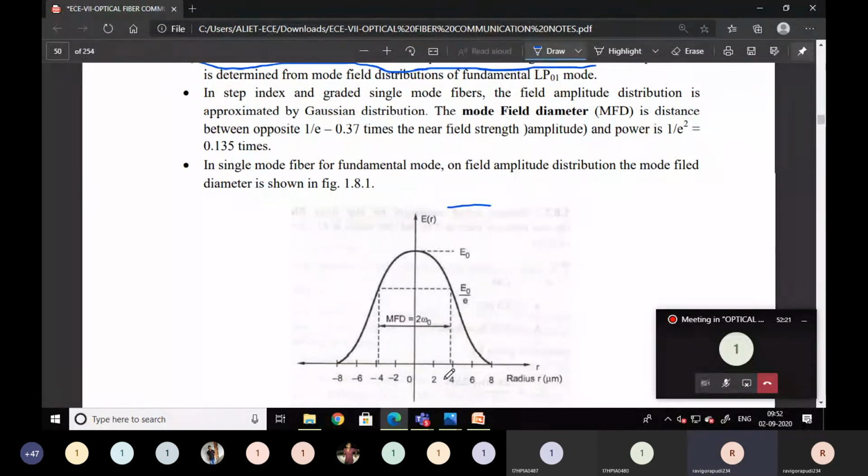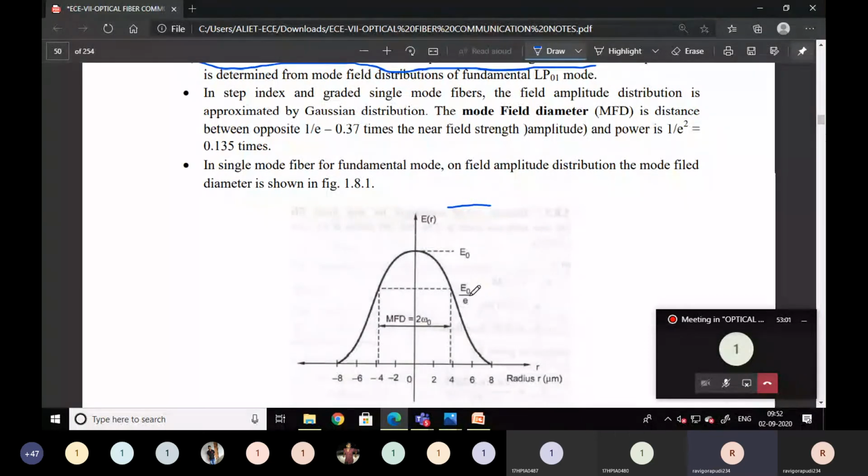So this is the basic radius of the core and profile distribution, the E of R. Here E of R and radius R. The distribution is just like a Gaussian shape like this. Here, this is the E naught electric field distribution. 1 by E will give the distance between the two points, that is the mode field diameter.